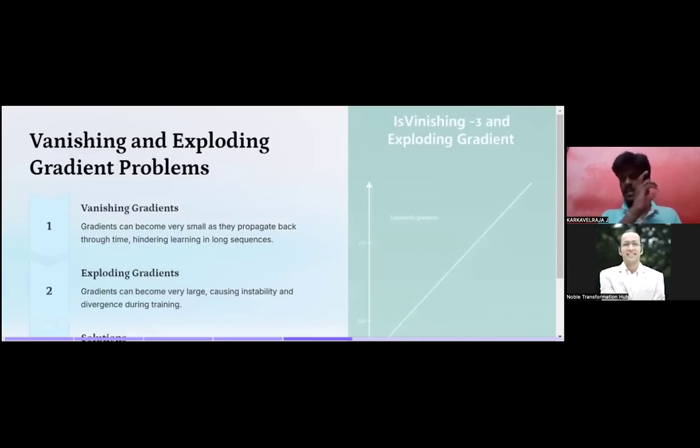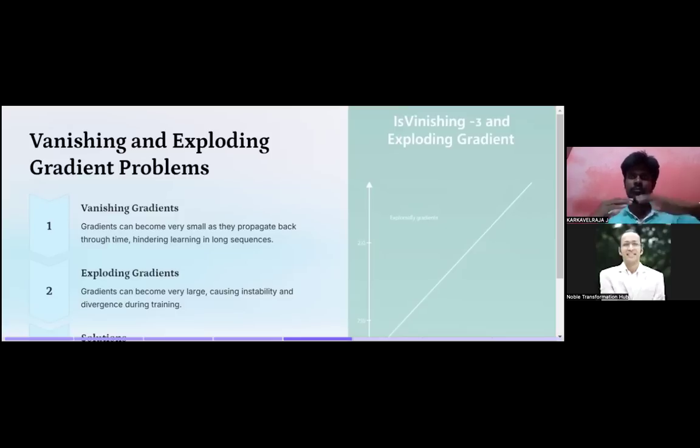I will say again what RNN is. It is a machine learning and deep learning algorithm with one flavor, that is temporal data handling: it handles time series data. Due to this, two problems occur. Vanishing gradient: if the sequence gets smaller and smaller, it will not be able to understand the long sequence.